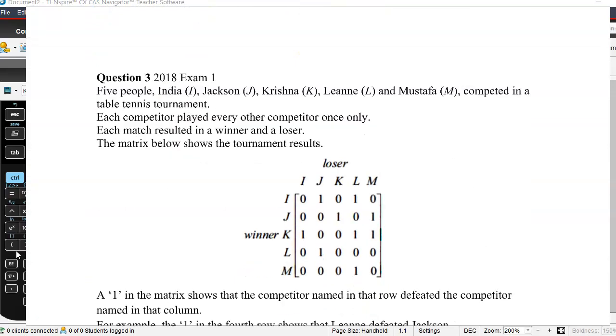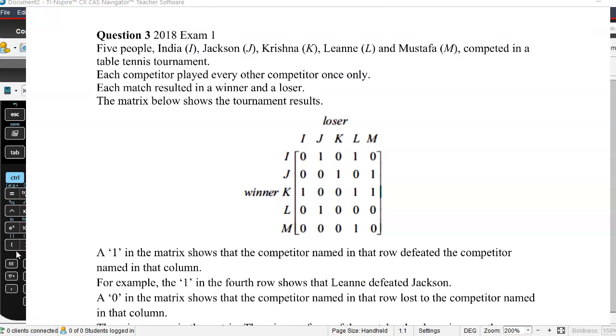Okay, so 2018, exam 1, question 3. So still relatively easy, but not as straightforward as question 1. So we've got 5 people, India, Jackson, Krishna, Leanne and Mustafa, competed in a table tennis tournament. Each competitor played each other competitor once only. Each match resulted in a winner and a loser.